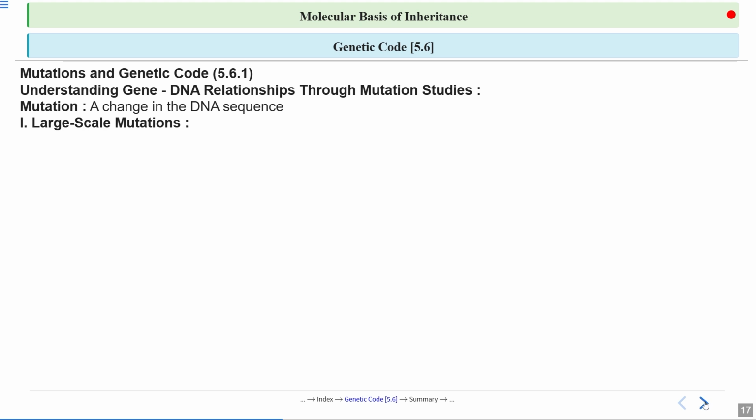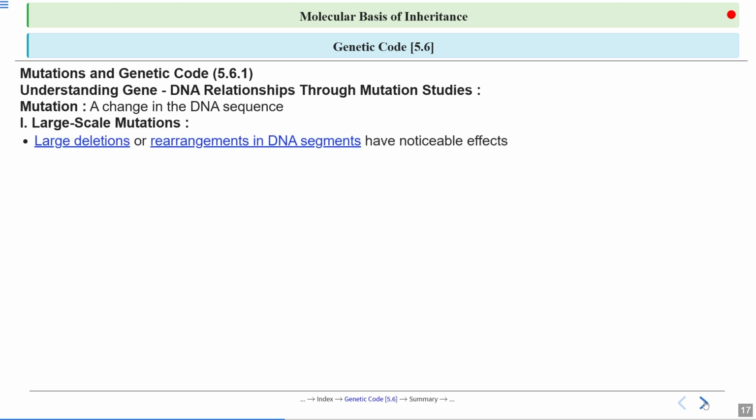Mutation has taken place. If we talk about large scale mutations, a large deletion or rearrangement in a DNA segment has a noticeable effect. So what are these large scale mutations? If in the DNA sequence there is a large deletion, say of 3-4 nucleotides together, or a rearrangement in the DNA segment, this is going to have a noticeable effect.